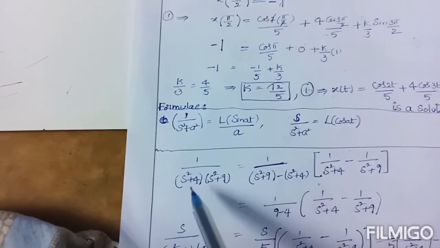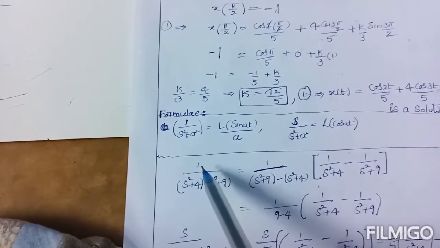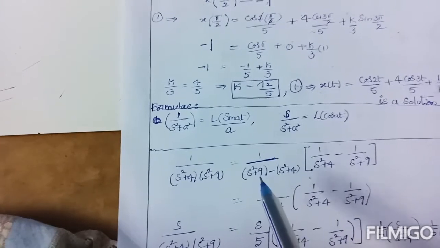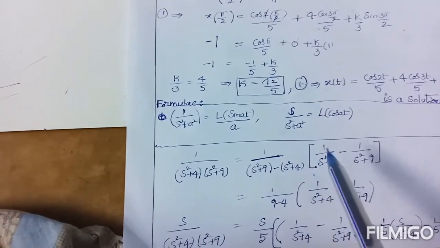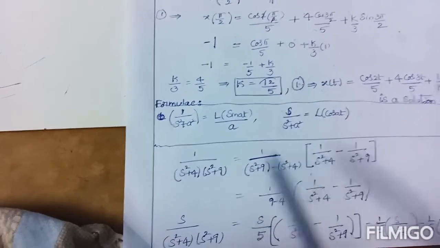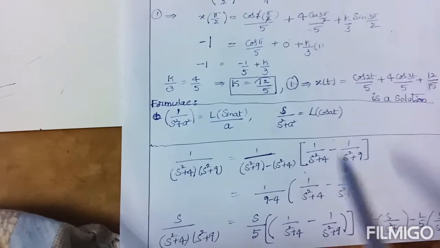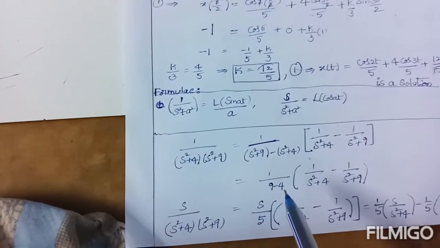Once again, if there are two factors with the same degree, in the numerator there is only one single term. In this case, we use 1 by greater factor minus smaller factor, within the bracket smaller fraction minus greater fraction. Here greater minus smaller, and here smaller minus greater. By opening these two brackets, the result is 9 minus 4.